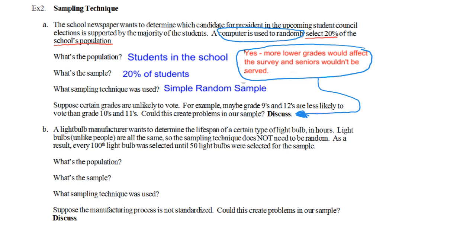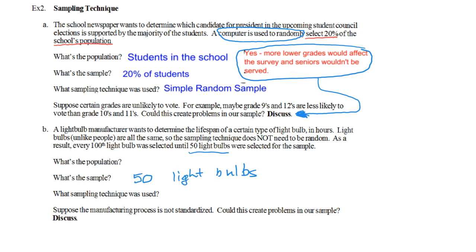So if I want to find out what the population of this is, we have to look at the bigger set of light bulbs, but we can't get there because we're going to start off by picking 50 light bulbs. Now, the key is we're picking 50 light bulbs. Every 100th bulb is chosen, but we're picking 50 light bulbs.